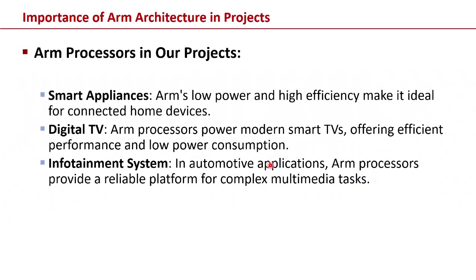In this lecture, I talked about the three reasons why we have to learn about ARM architecture. First, ARM processors are everywhere. If you are involved in any kind of project, it will probably be based on an ARM processor.